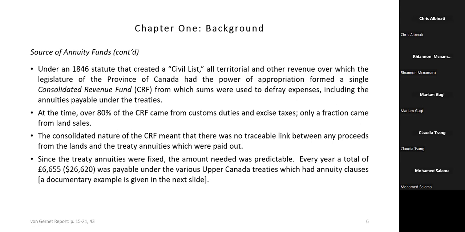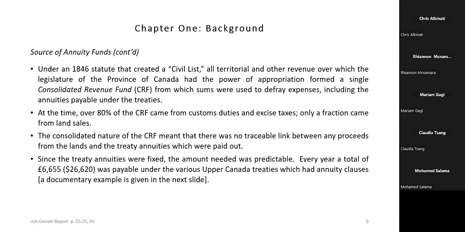Most of the CRF came from duties and excise taxes. There's only a fraction that came from land sales. And of course, because it's a consolidated fund, there was no traceable link at all between it and any of the proceeds from lands, if there were any, in the territories of those treaties.